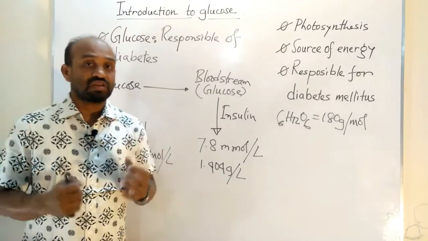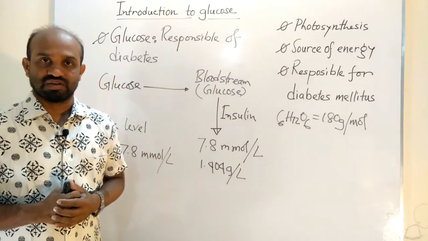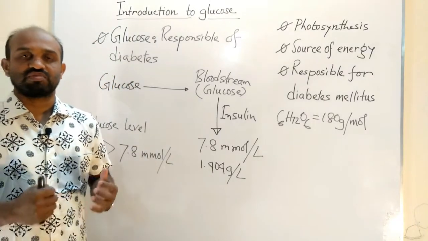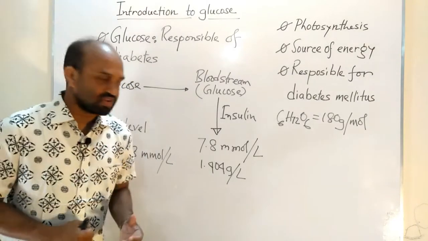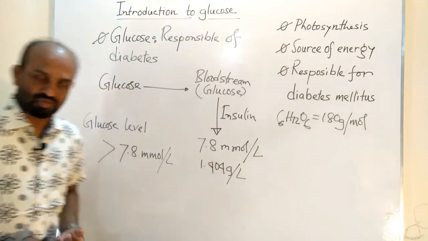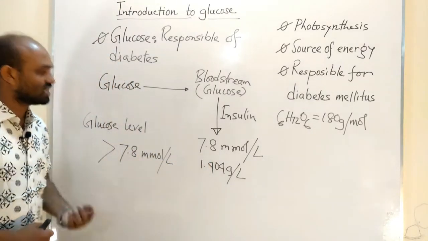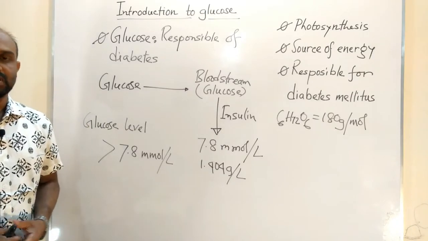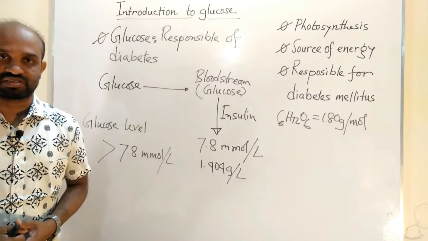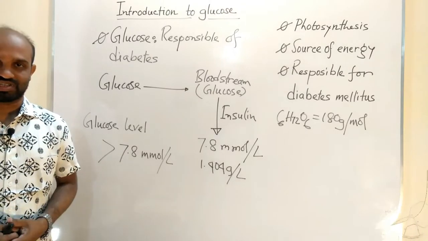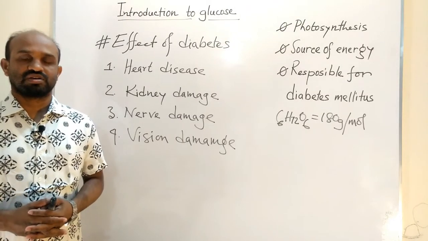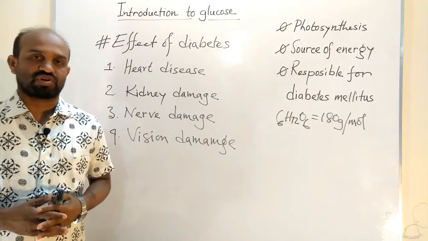That is, in 1 liter blood, the amount of glucose should be 1.404 gram. If it is more than 1.404 gram, or if it is more than 7.8 millimole per liter, then it is going to diabetes mellitus, which is commonly called diabetes. Dear students, now we will see what are the problems for diabetes.